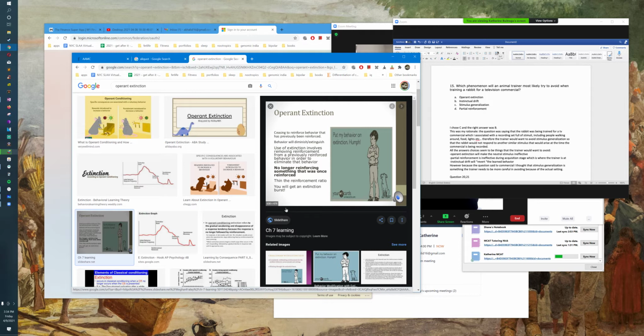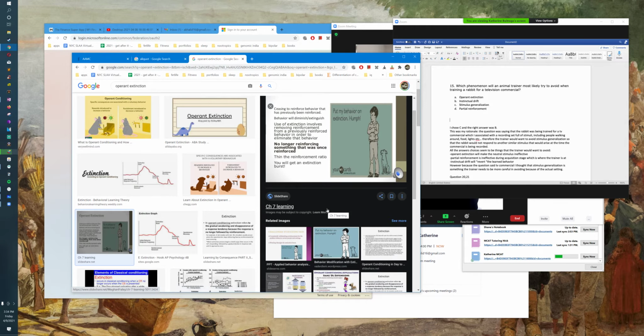What I see when I look it up is removing reinforcement from a previously reinforced behavior in order to eliminate that behavior, no longer reinforcing something that was once reinforced. Thin the reinforcement ratio, you will get an extinction burst.